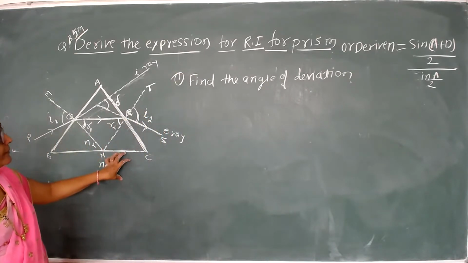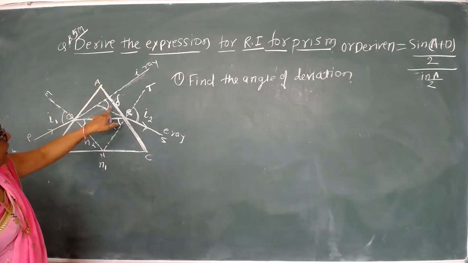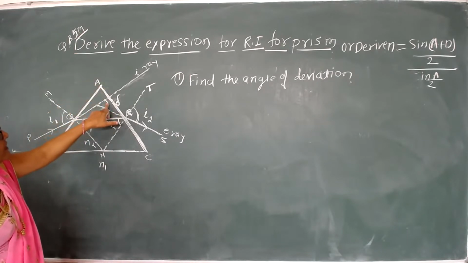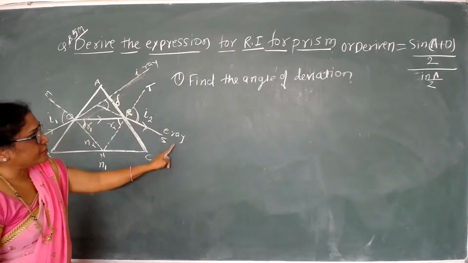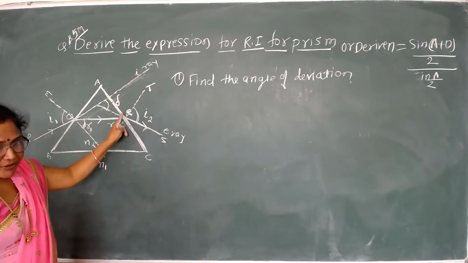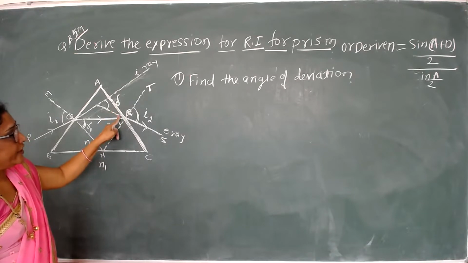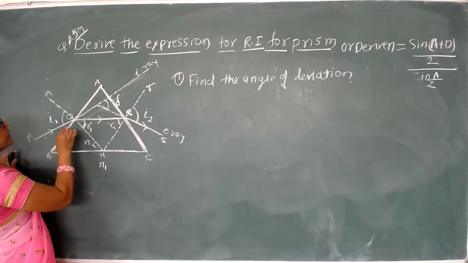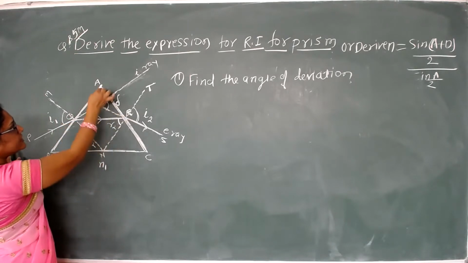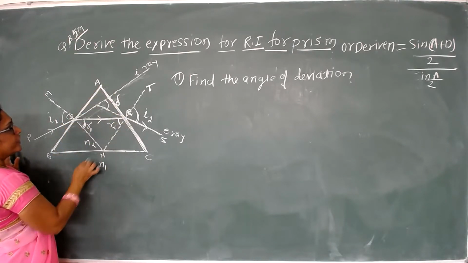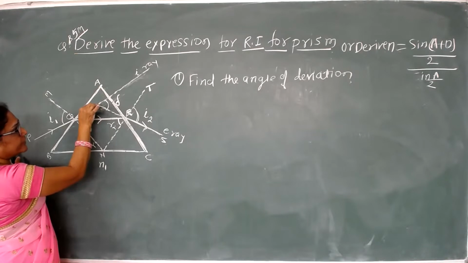Let's see the figure. The angle of deviation is the angle found between the incident ray and the emergent ray. Now how to find this? So see the figure. AQNR is known as a quadrilateral. We draw a perpendicular from here.